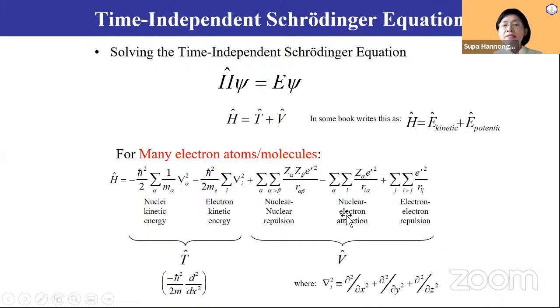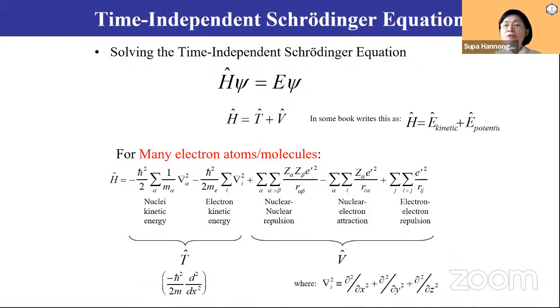And the next term is the nuclear and electron attraction. Imagine you have the nuclei, Z alpha e, interacting with one electron, so you have the charge e. Then this nuclear-electron attraction results in Ze squared over the distance between the nuclei alpha and the electron i.